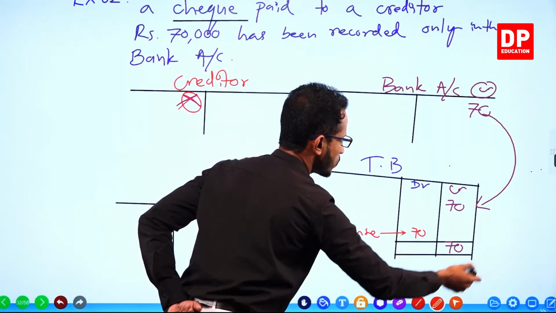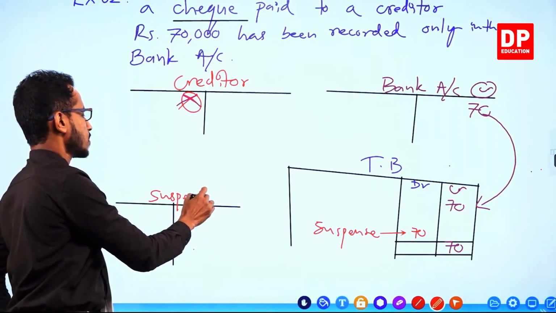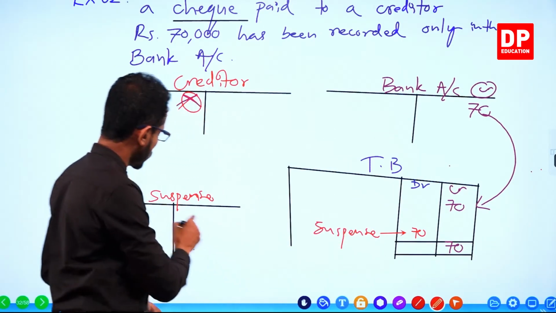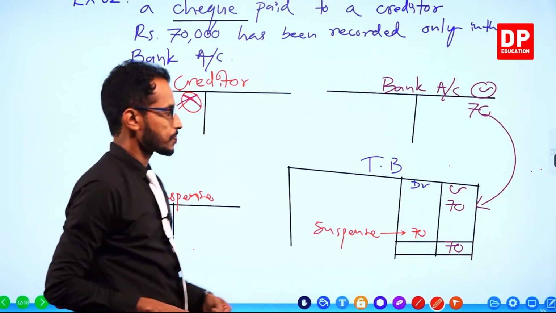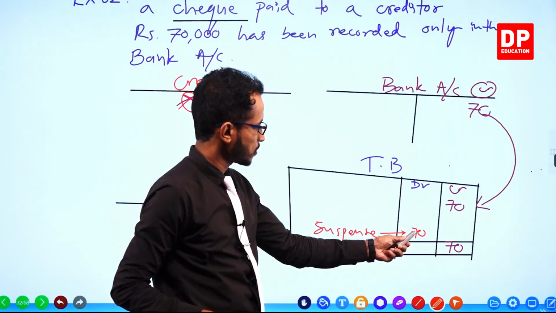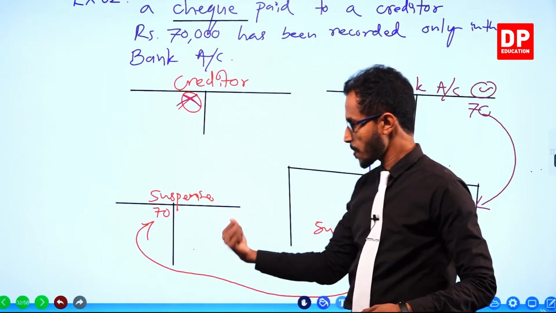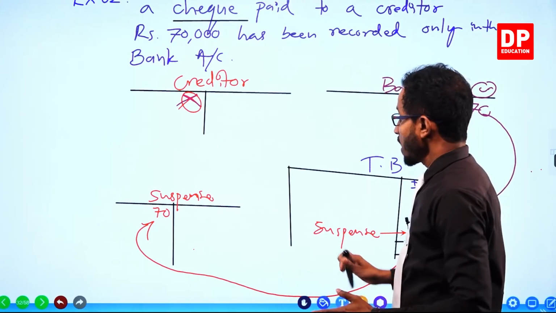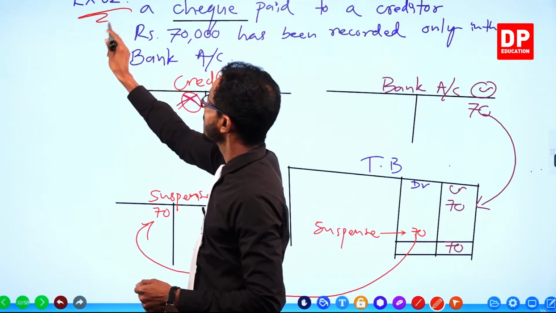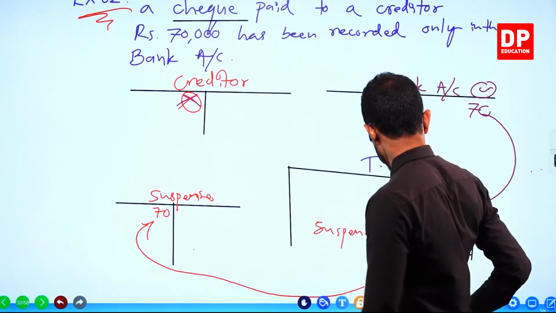We draw the suspense account to record that shortage. 70 on the debit side. This shortage, children, goes here. This is the scenario that has occurred because of that error. You got it?